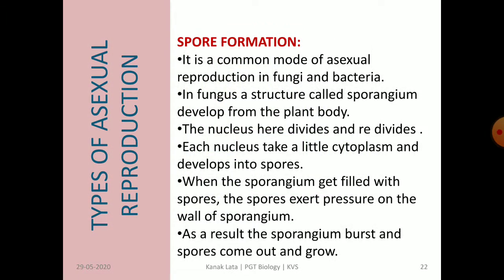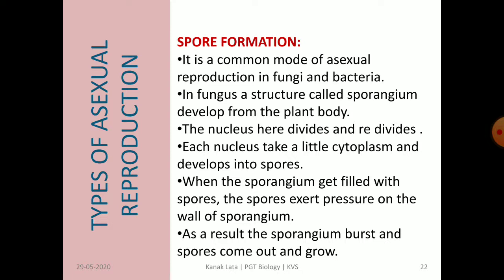At the end, it is about spore formation. This mode of asexual reproduction is commonly seen in fungi and bacteria. In case of fungus, a sporangium develops from the plant body. In the sporangium, the nucleus divides and redivides, and each nucleus takes a little bit of cytoplasm, which forms spores.